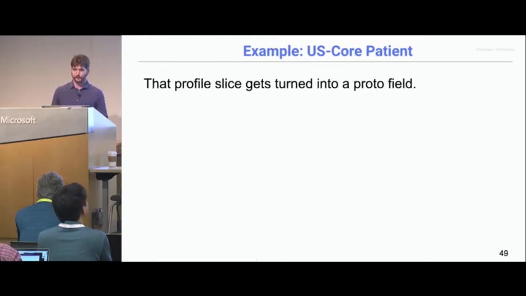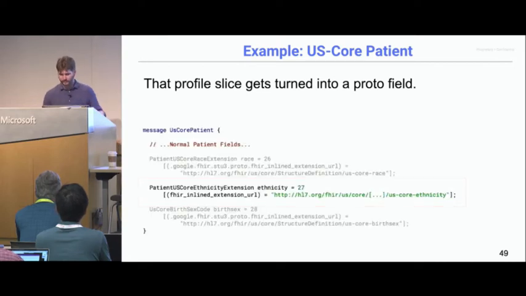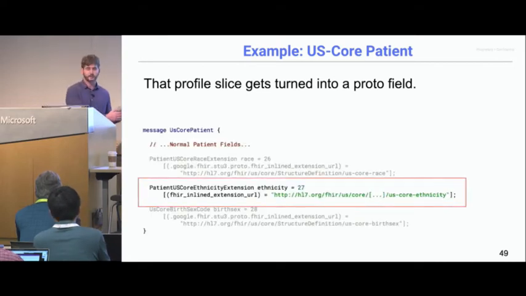We can take that information when we're generating the proto and hoist that extension up from the extension pile onto the bookcase. So this is where we now say there is a field in our US Core Patient that we're going to generate for ethnicity, and it's going to have as its message type that message that we defined earlier for it.